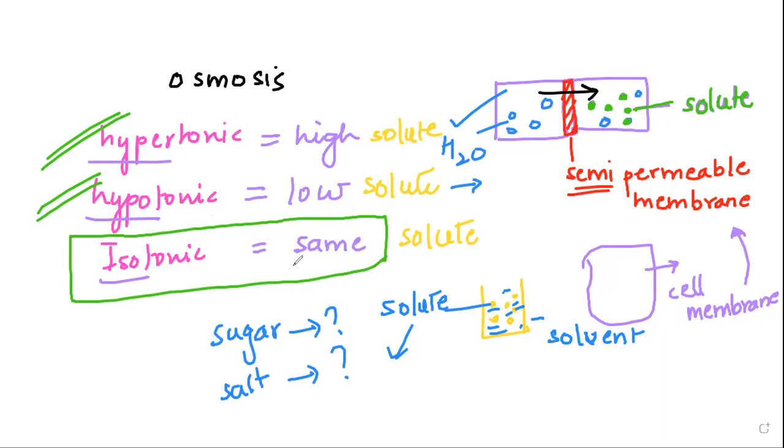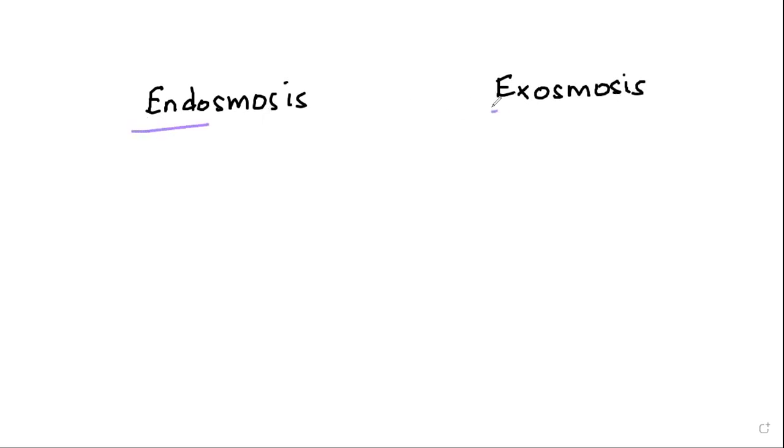Okay. Once this is clear, we come back to the two types of osmosis, which would be endosmosis and exosmosis. Again, you break down the word here, right? Exo means out and endo means inside.